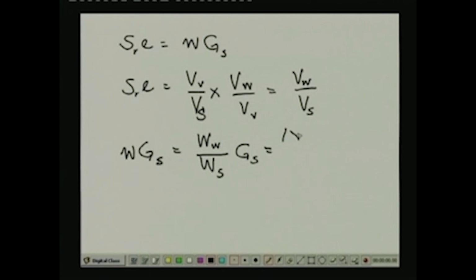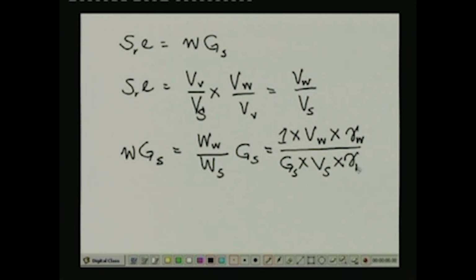So, that is going to be again equal to 1 multiplied by V_W multiplied by gamma W divided by G_s. This one is used because the specific gravity of water is approximately equal to 1. So, in the denominator we have got G_s multiplied by V_s multiplied by gamma W, and that in turn gets multiplied by G_s, that is equal to V_W divided by V_S.